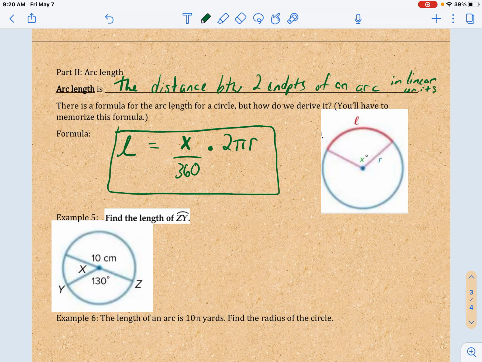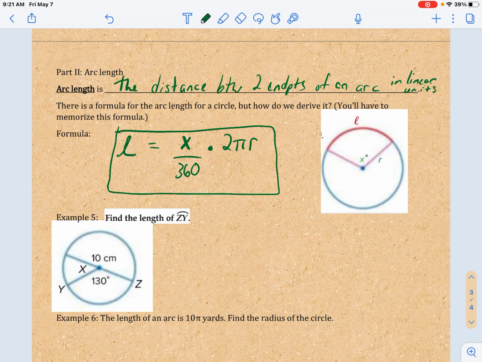So that would be 1/4 of the circumference, which makes sense because 90 degrees is 1/4 of 360, the total angle measure. So basically, you can just plug into the formula and figure out what the arc length is.